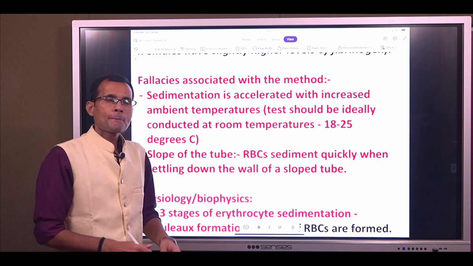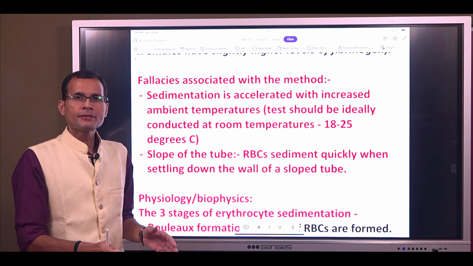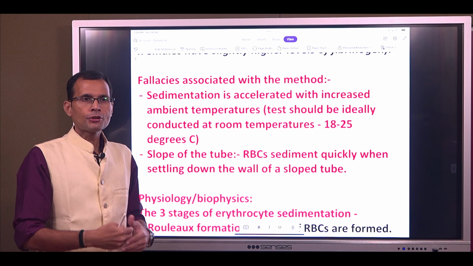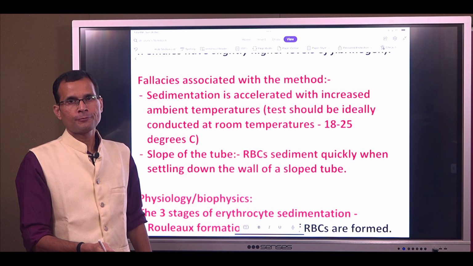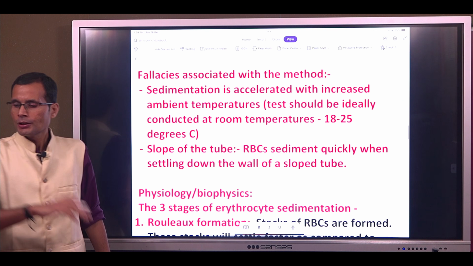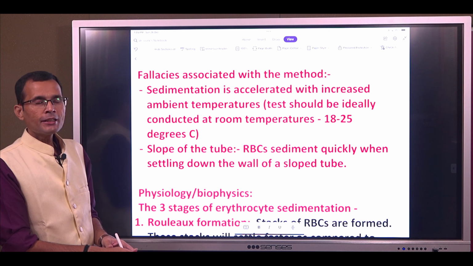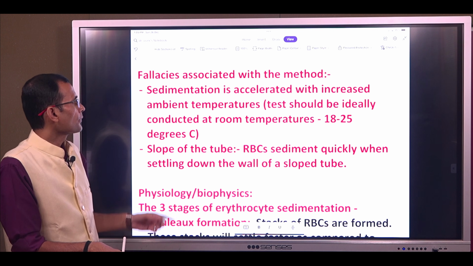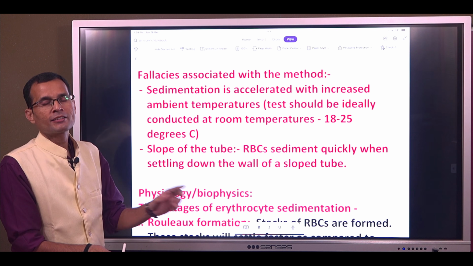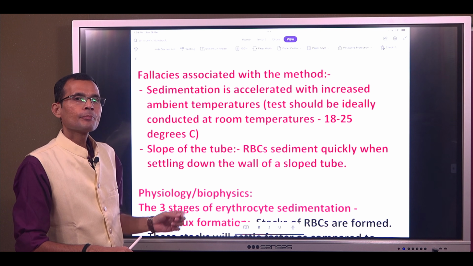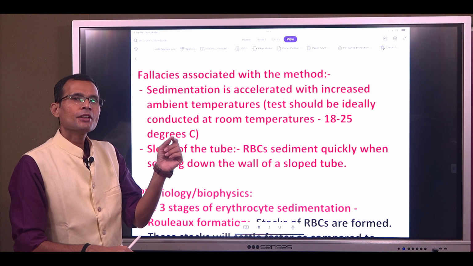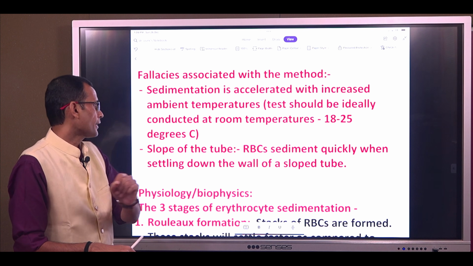Now, what problems or errors can occur because of the method itself? If the ambient temperatures are higher, the sedimentation is accelerated. So ideally the test should be conducted at room temperatures in the range of, let's say, 18 degrees to 25 degrees centigrade.